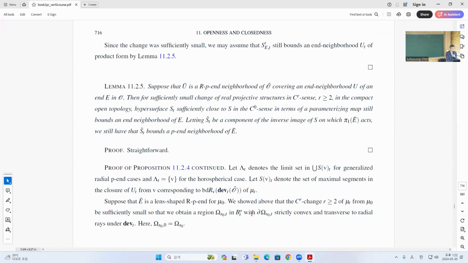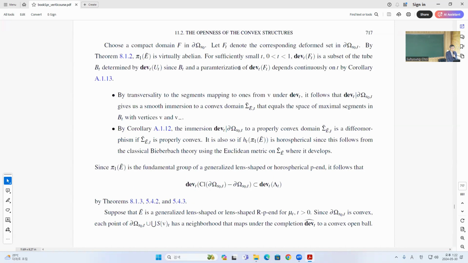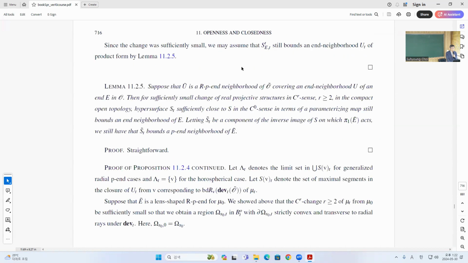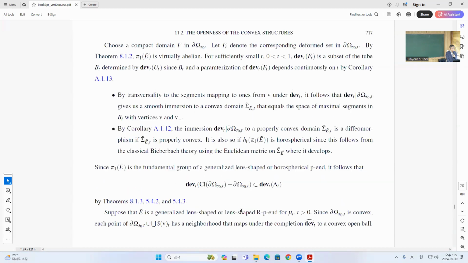So basically we want to obtain these kinds of regions as we deform the representation, and so we want to consider the lens type case, where this is virtually abelian only.